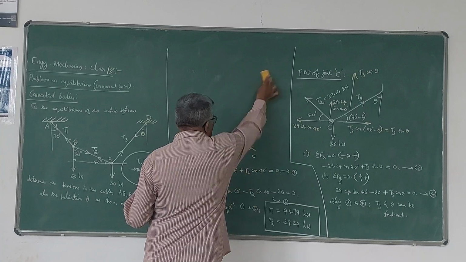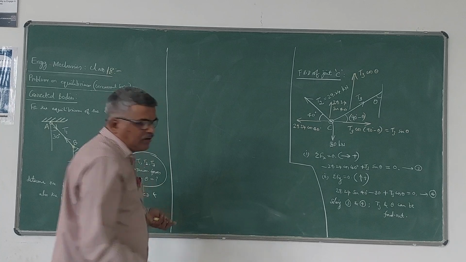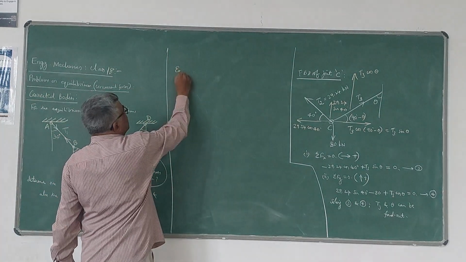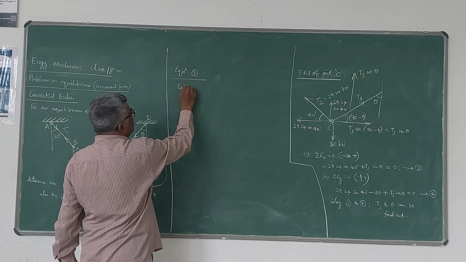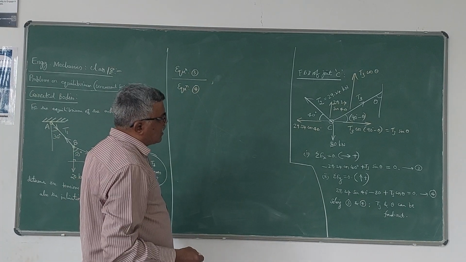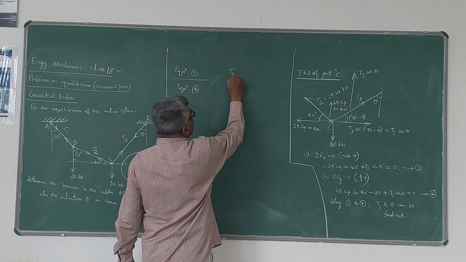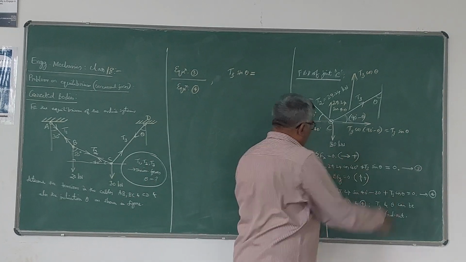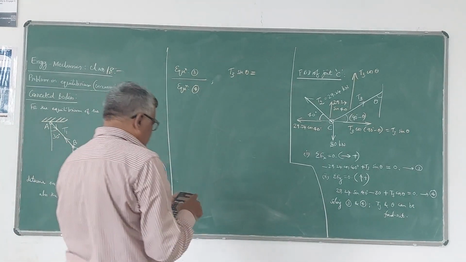I will take equation 3 divided by equation 4. So LHS should be divided by LHS, RHS should be divided by RHS. Now equation 3 can be written as T3 sin theta is equal to, so this should come to that side, 29.24 into cos 40 will come to the RHS.